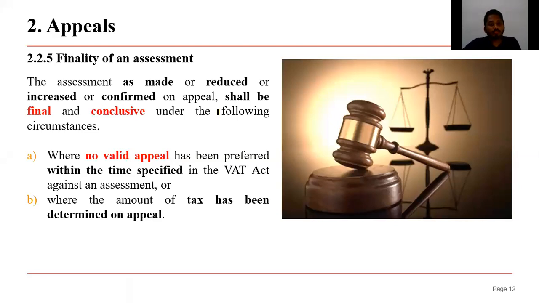The finality of assessment: as made, reduced, increased or confirmed. Basically, if it is reduced or increased or confirmed, or the assessment is treated as made, then on appeal it shall be final and conclusive under the following circumstances.